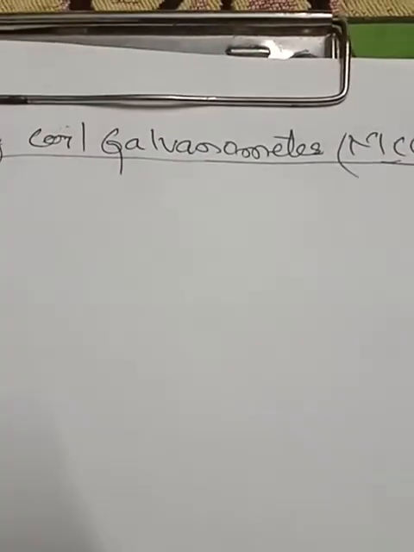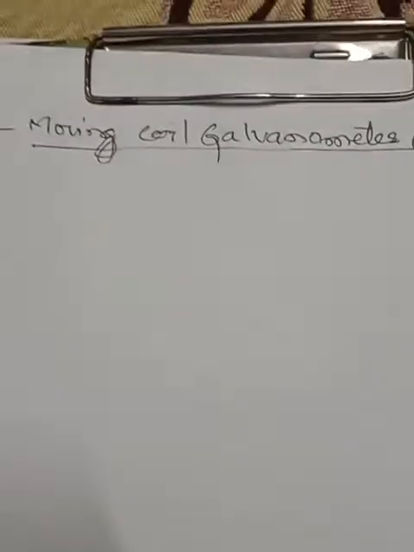Then we studied the force on a charged particle when it is placed in an external magnetic field. Then we have seen Ampere circuital law and its application. After this, we went to the concept of torque, and then magnetic dipole moment.